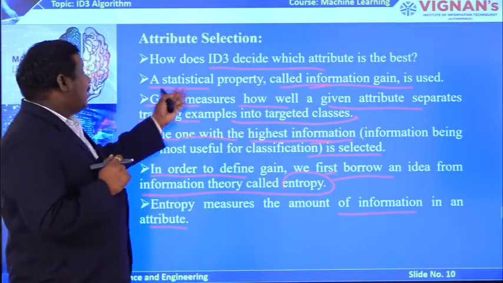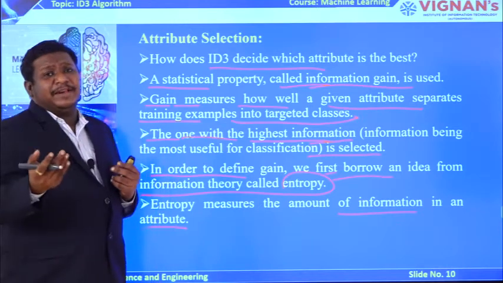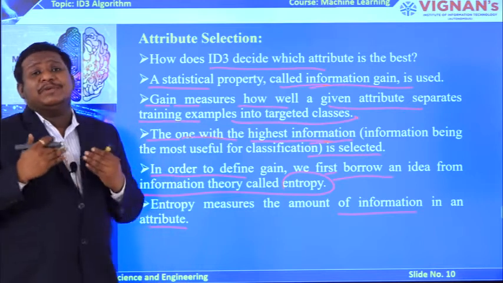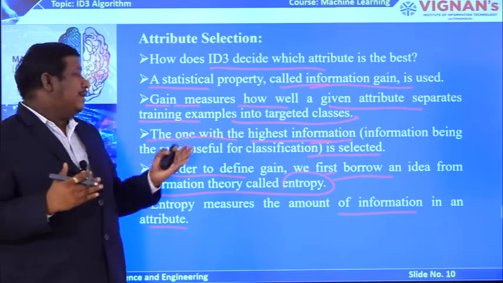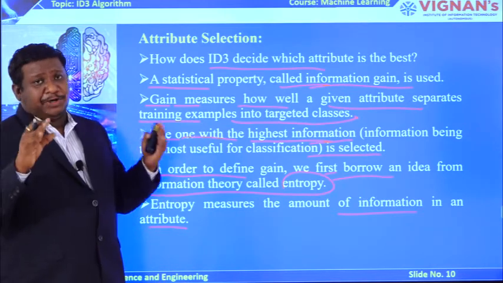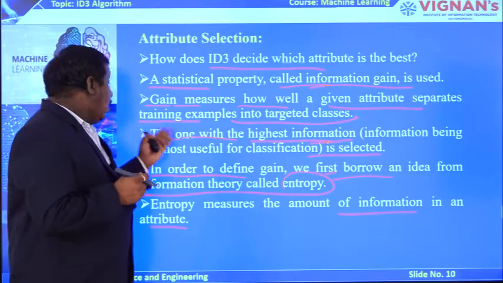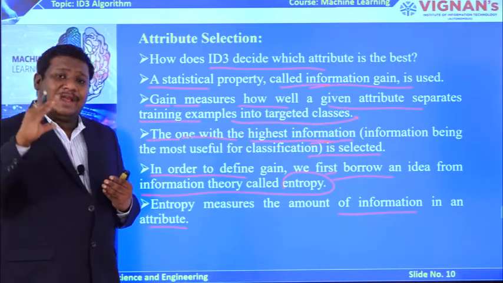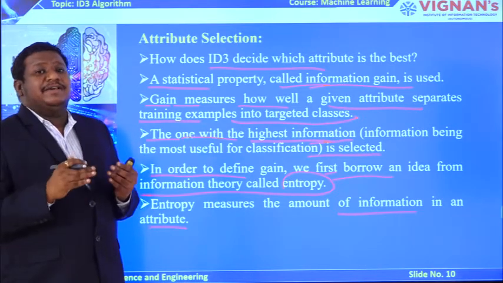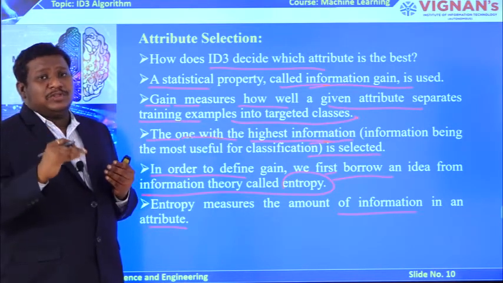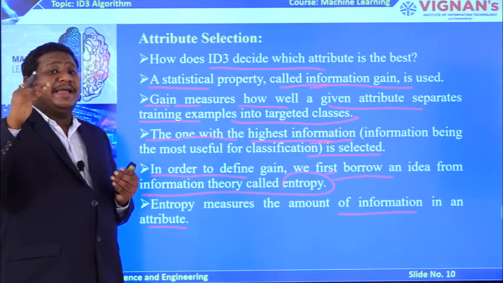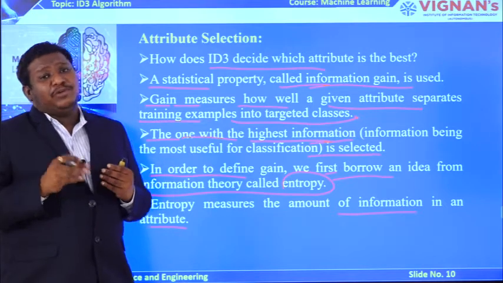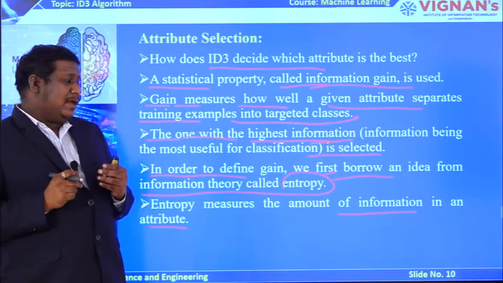So how are we going to calculate this? What is this information gain? Information gain measures how well a given attribute separates the data into classes. Once the information gain has been calculated for all the attributes, we choose the attribute which has the highest information gain value as the final attribute with which we work in the algorithm.